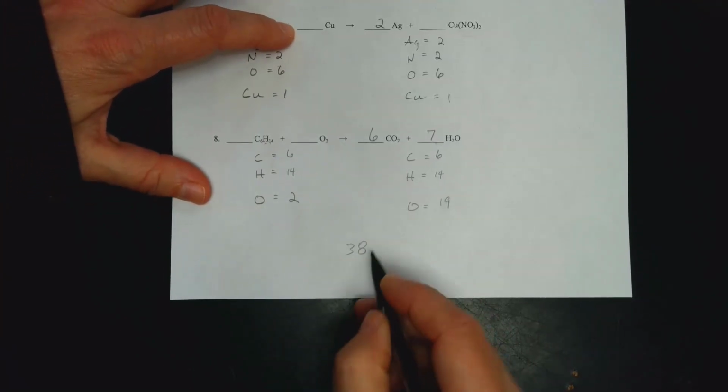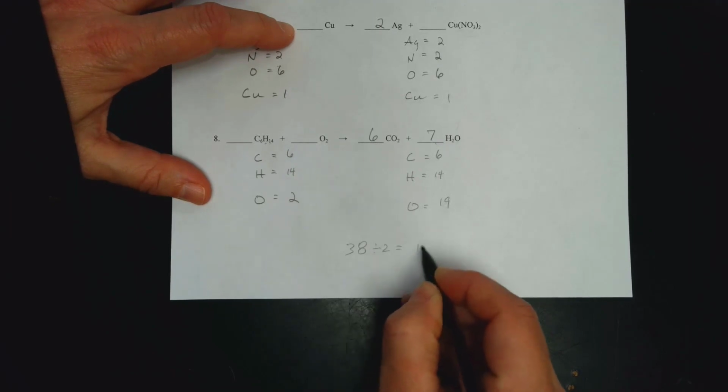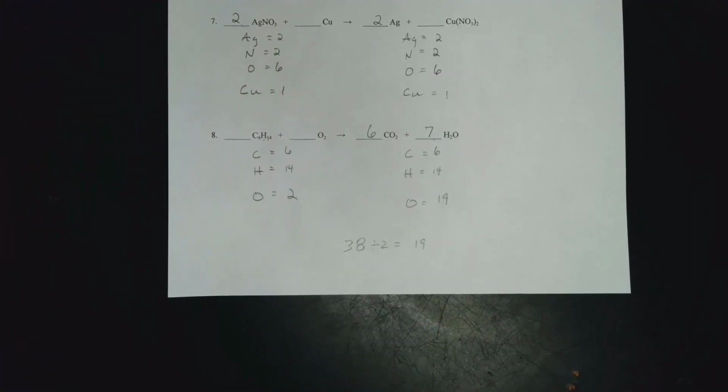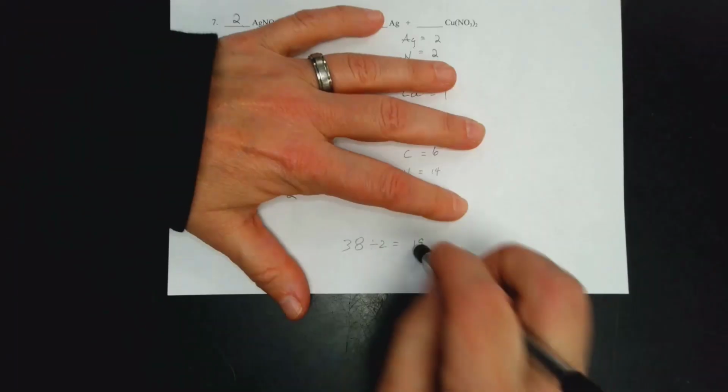And the only reason I say that is 38 divided by 2 equals 19. Okay? And there's no fractions in balancing equations. I can't take a half of something or a 0.5. Okay? So this is what we're going to do.